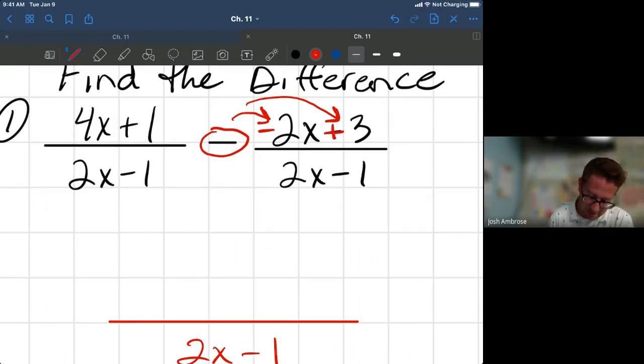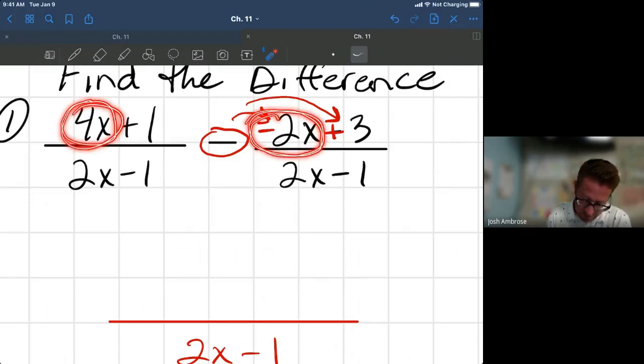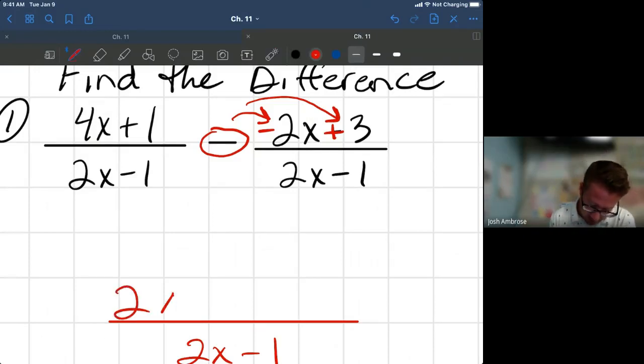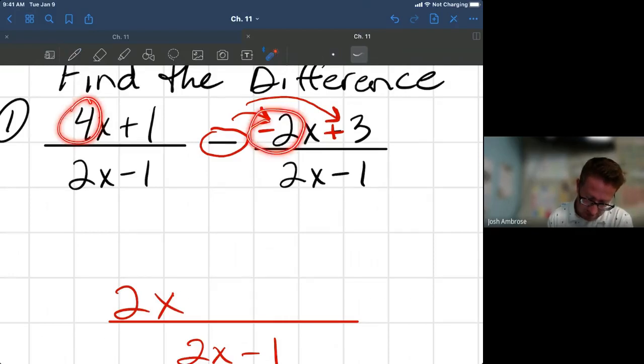Now what I have to do is 4x and a negative 2x. Again, that's 4x and a negative 2x. They are like terms because they both have x, and they will create 2x. 4 minus 2.